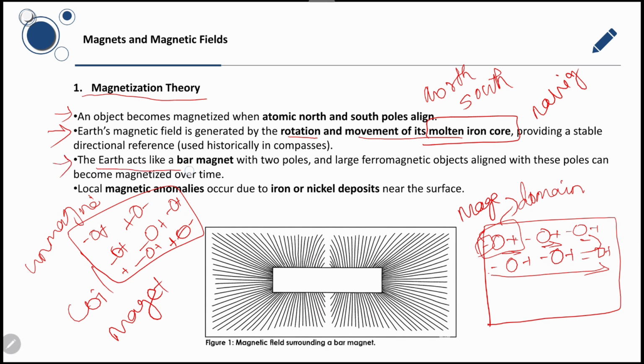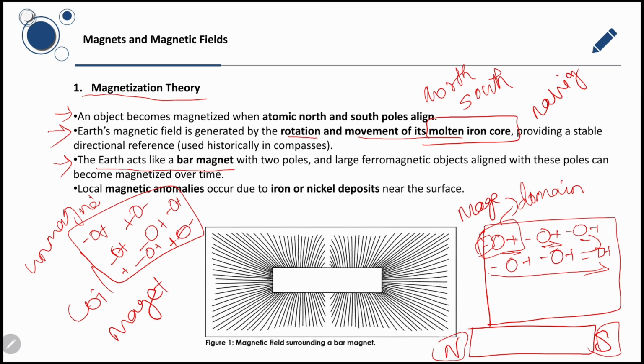Next point, the Earth acts like a bar magnet with two poles. You can imagine the Earth as a huge bar magnet, with a north pole and a south pole, the magnetic north and magnetic south.